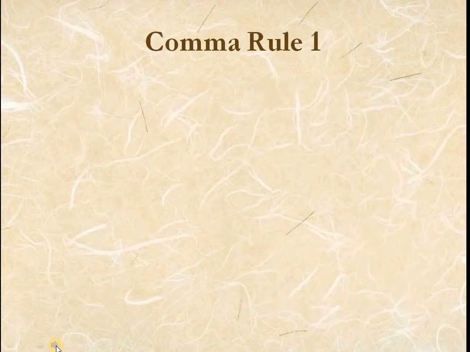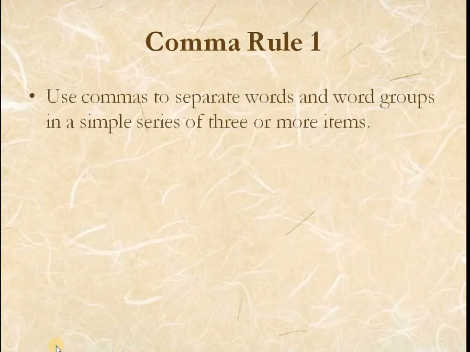Now, we're going to look at one rule that I think everyone has a basic understanding of, and that is using a comma when we have a series of words, or words in a series or a list in a sentence. We use a comma to separate each item so that you can distinguish each one.